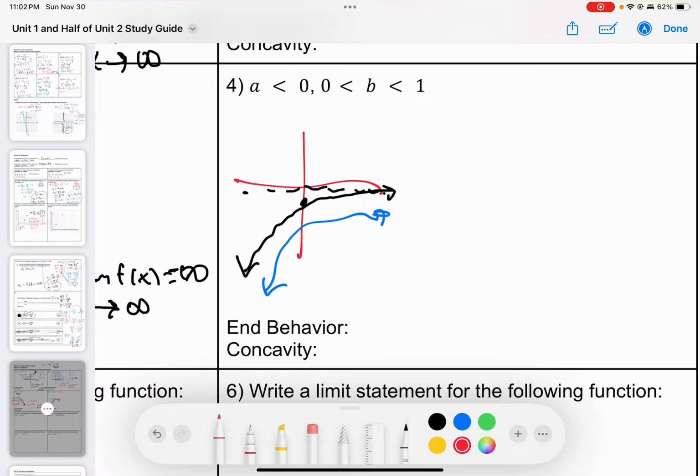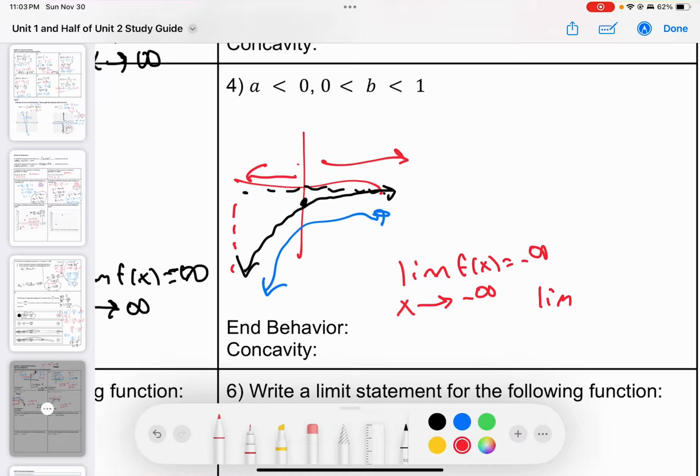So where are we approaching as we go this way? We're approaching k. But where are we approaching as we go this way? We're approaching negative infinity. So the limit as x approaches negative infinity of f of x is equal to negative infinity. But the limit as x approaches positive infinity of f of x approaches k.